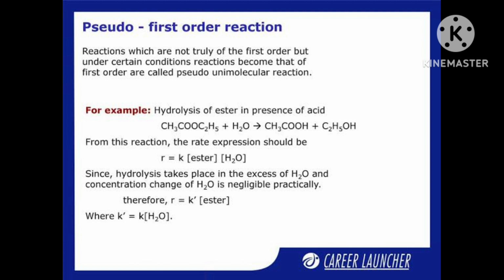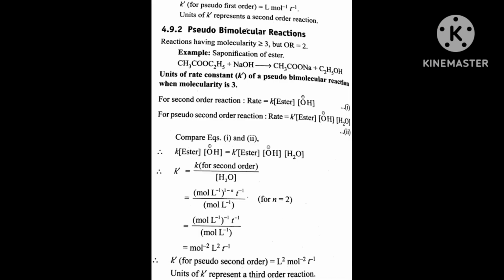Here you can define this as a pseudo unimolecular reaction. The reaction behaves as a first order reaction: first order with respect to ethyl acetate and zero order with respect to H2O.